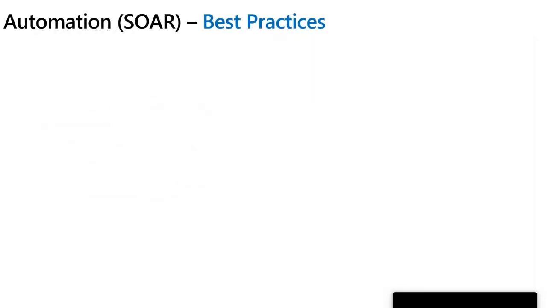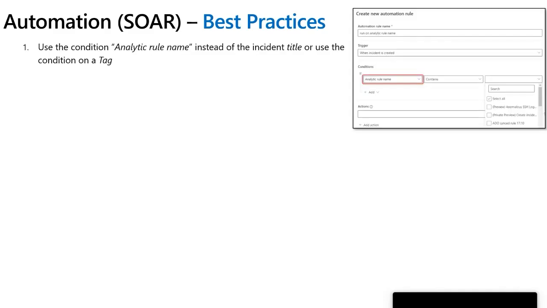And then on to some of the best practices that I think are really relevant in our case when it comes to transitioning from Microsoft Sentinel to the unified platform. So a couple items that I wanted to highlight here. The first one is around the automation rule condition.